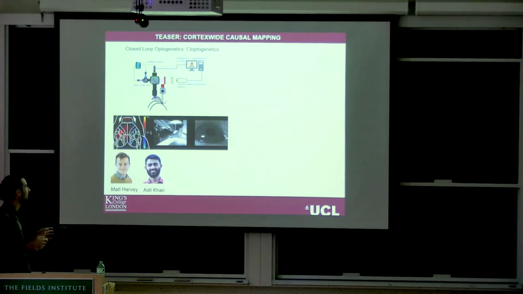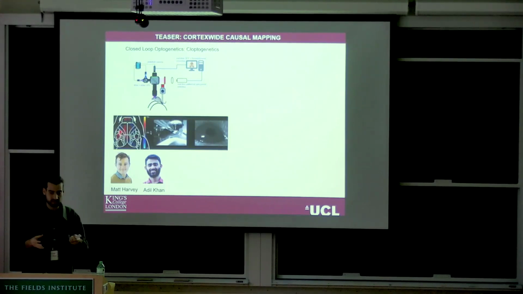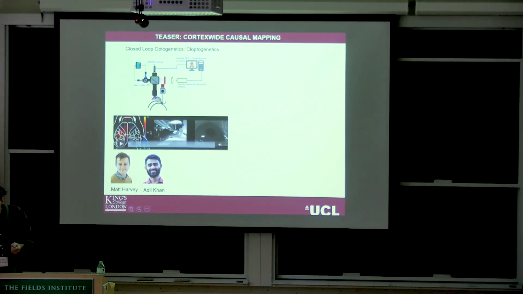Now I'm going to give you a teaser for another project. The idea here is that you could ask me, okay, but these matrices, are they causal or not? And the answer is no, they are not causal. All these interactions are not causal interactions. And so I started this experimental effort where we instead did optogenetic perturbation.